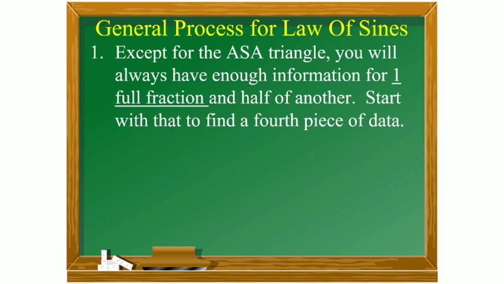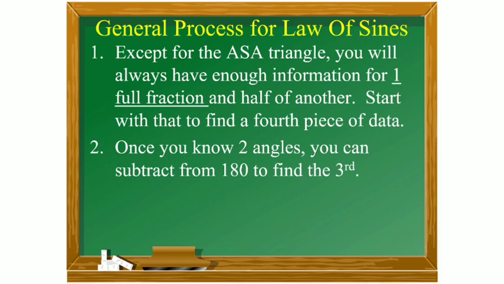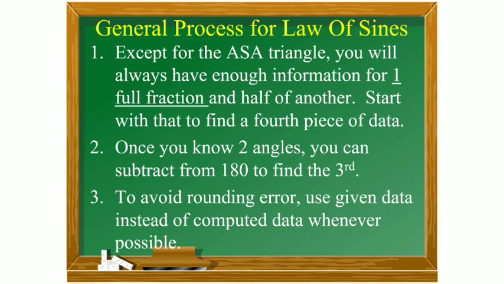The second one, once you know 2 angles, you can subtract from 180 to find the third. The third one, to avoid rounding error, use given data instead of computed data whenever possible. So you must remember these 3 in processing your law of sines.